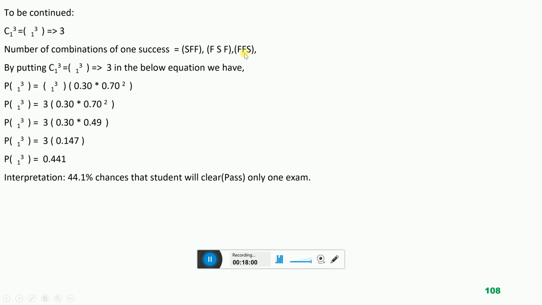This is the number of experimental outcomes if the statistician wants to determine the experimental outcomes in combination form. Now we will replace C(3,1) with its value 3 in this formula.